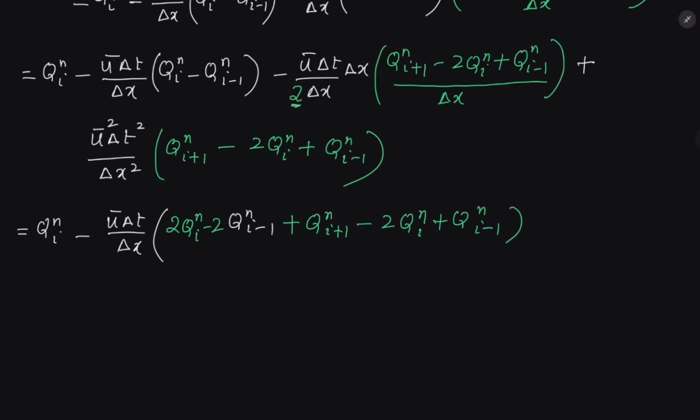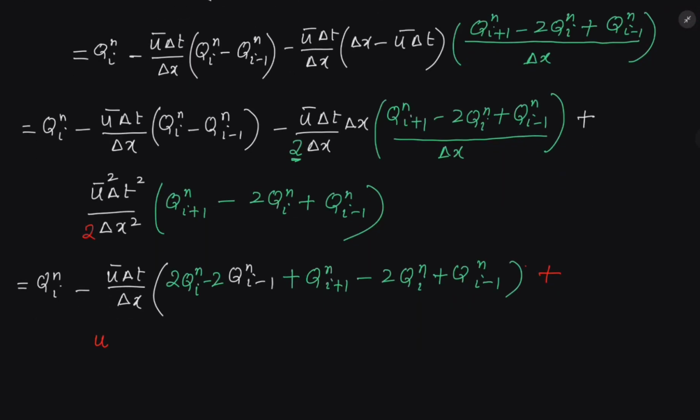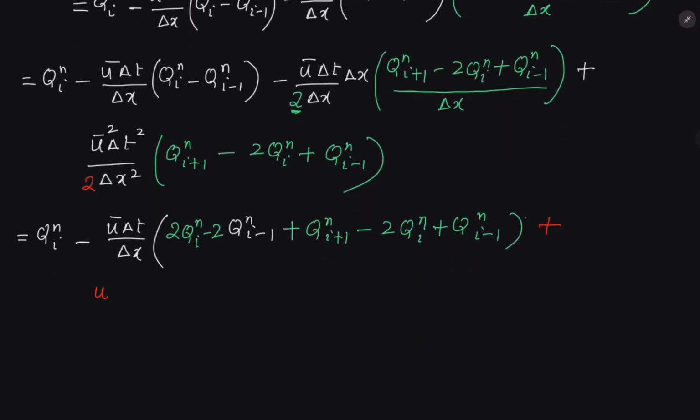This is an algebraic thing that you can correct yourself. Plus, and the last term is u bar, and there is 1 by 2 as well, so yes, there is 2. 1 by 2 u bar delta t by delta x whole square, and we have q n i plus 1 minus 2 q n i plus q n i minus 1.